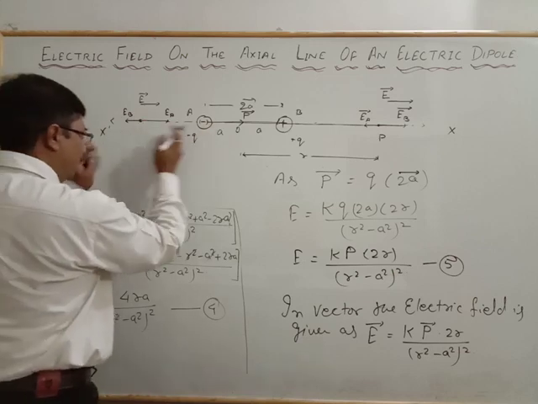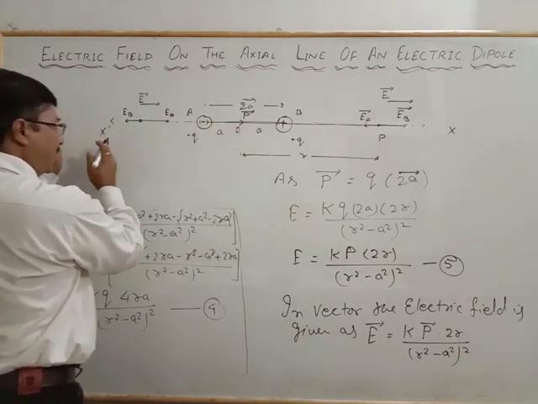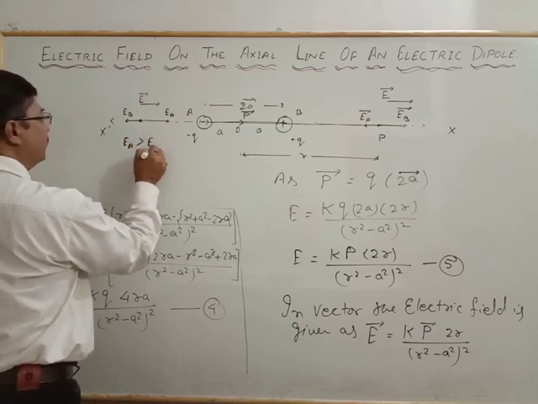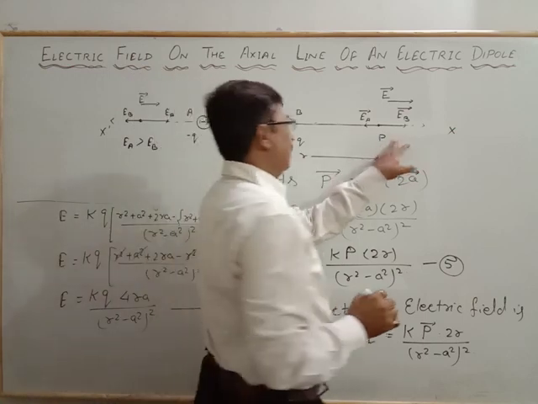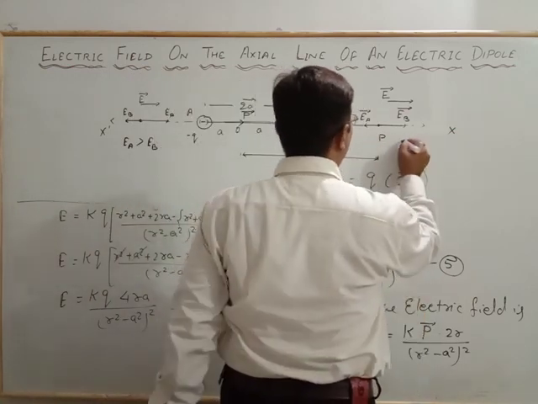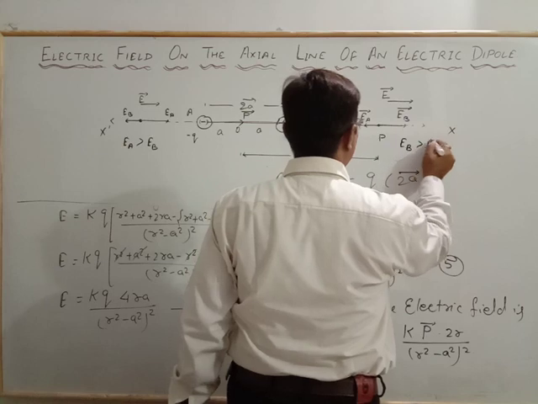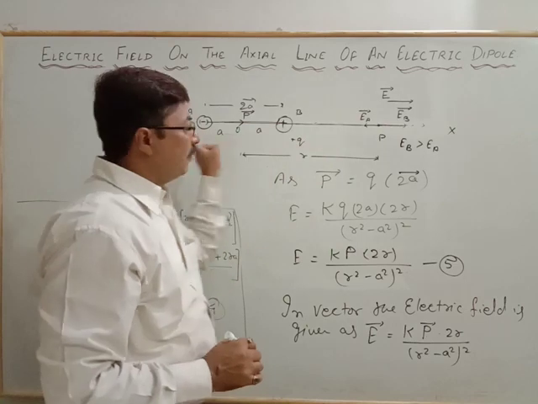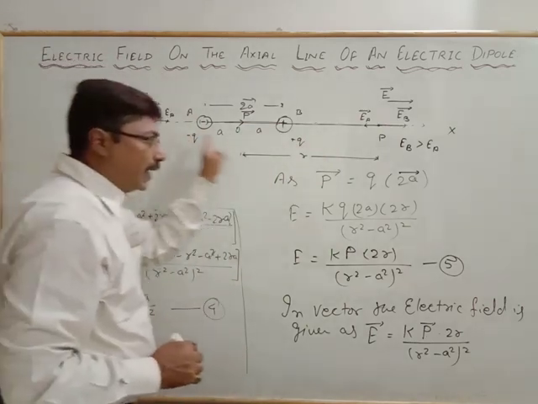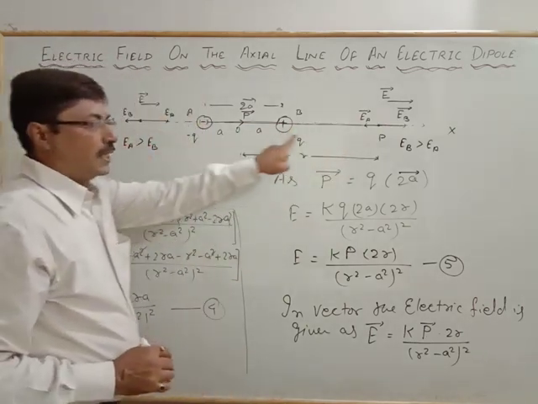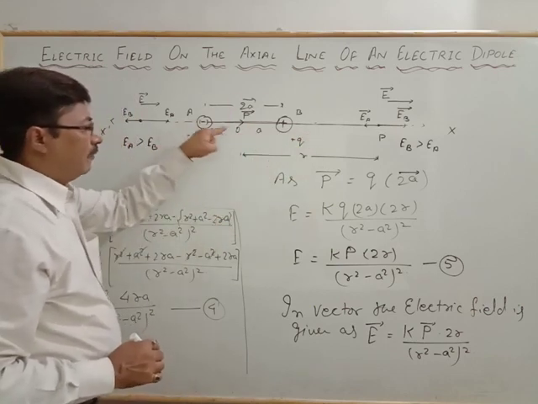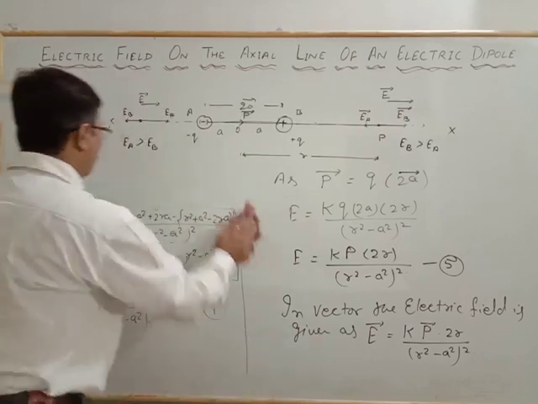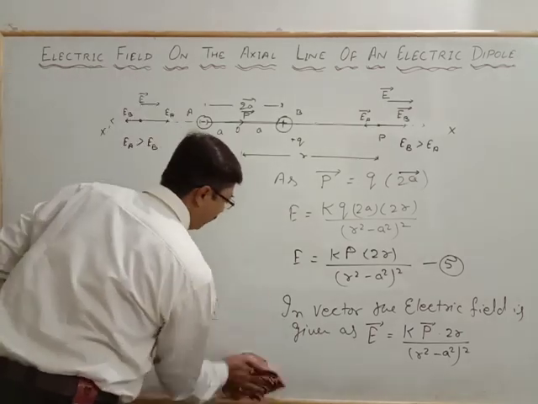On the negative of the x-axis, EA is greater than EB, but in this direction we have EB greater than EA. So the direction of the electric field, anywhere on an axial line, is always along the direction of the dipole moment. That is the important conclusion.